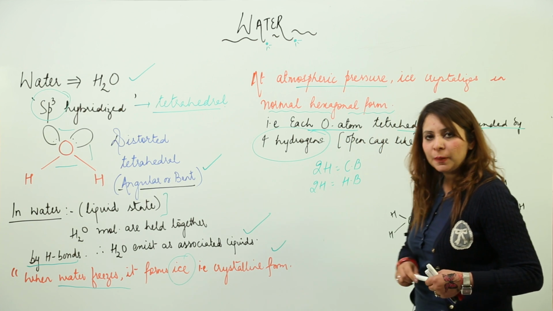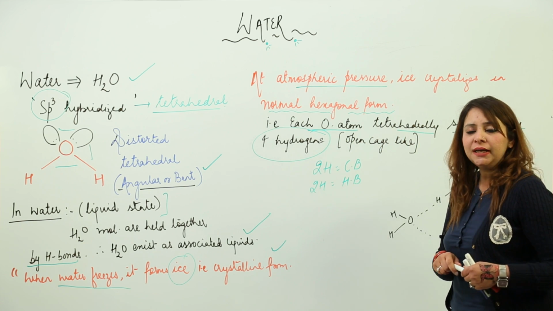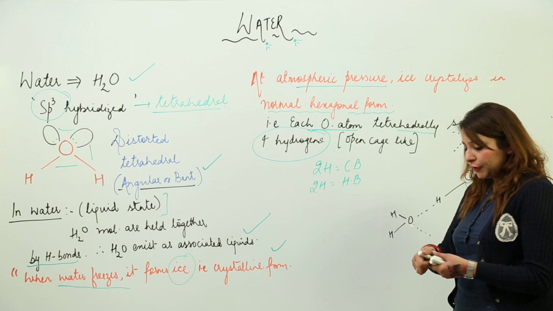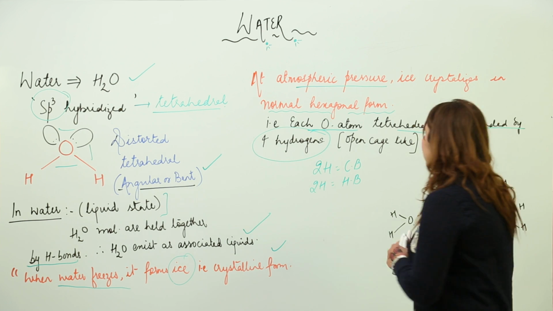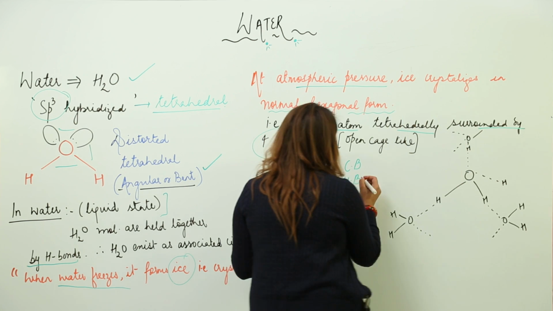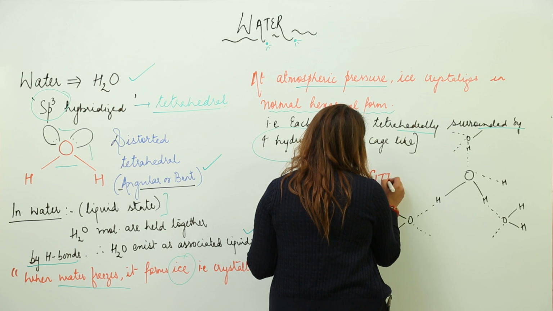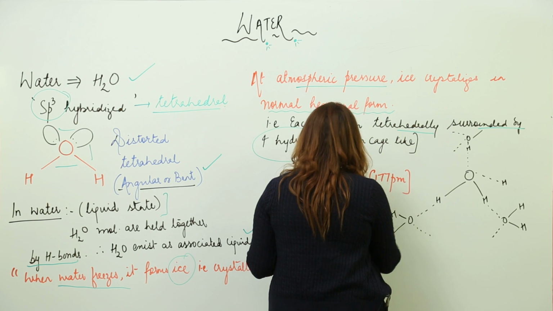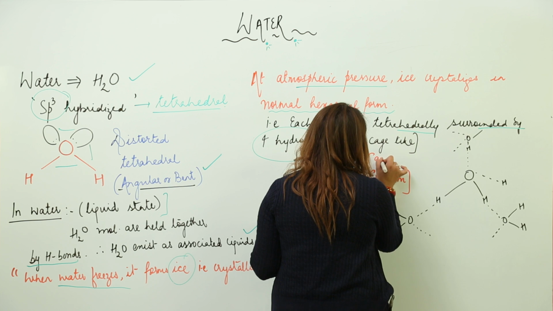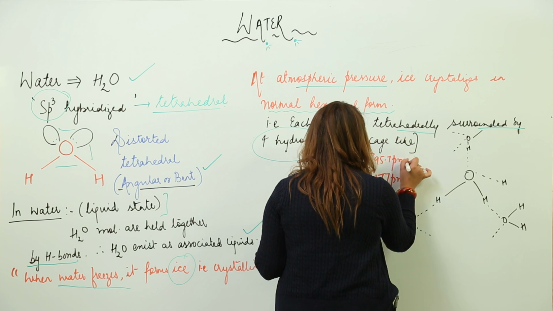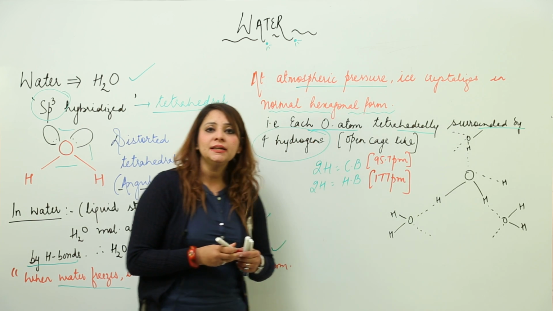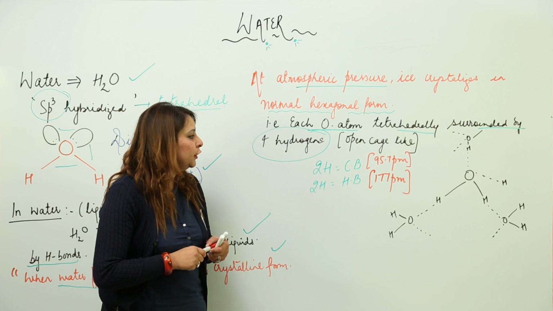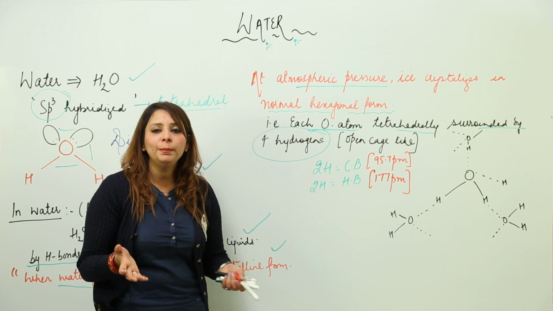Right, 2 hydrogens by covalent and 2 hydrogens by hydrogen bonding. And if we talk about the bond length, then the bond length in hydrogen bonding is around 177 picometer, and in covalent bonding it is 95.7 picometer.